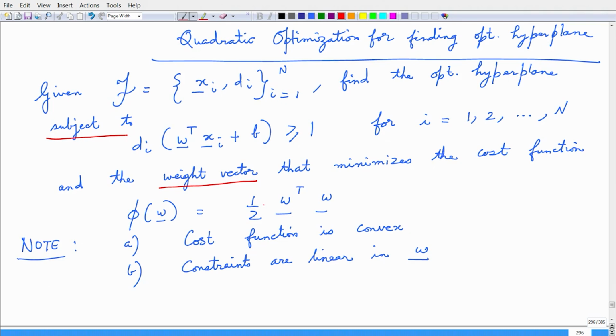This is a quadratic function, it is convex, and the constraints are linear in W. So these are my constraints: di times (W transpose xi plus b) is greater than or equal to 1 for all examples i equals 1 to N.